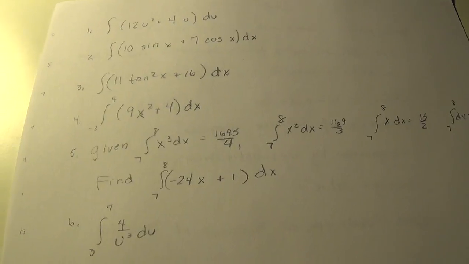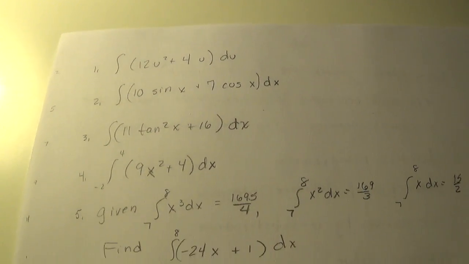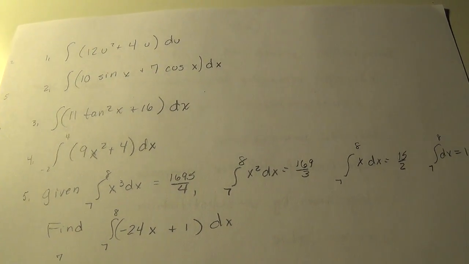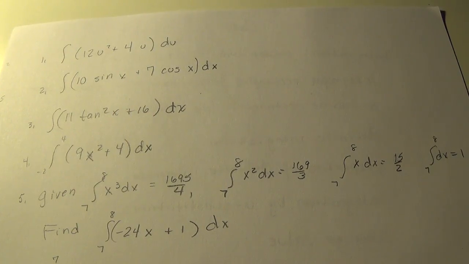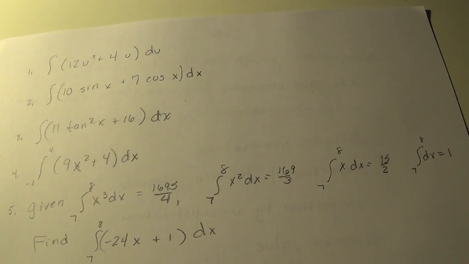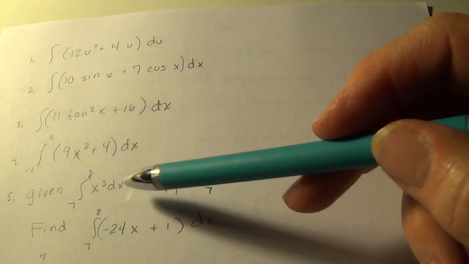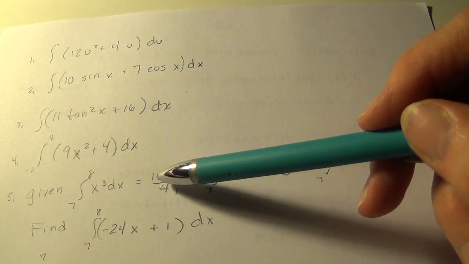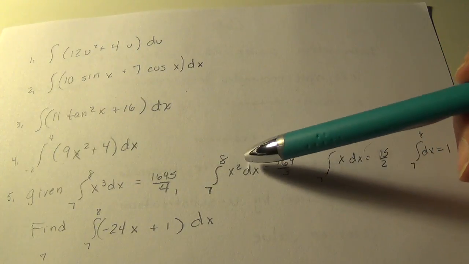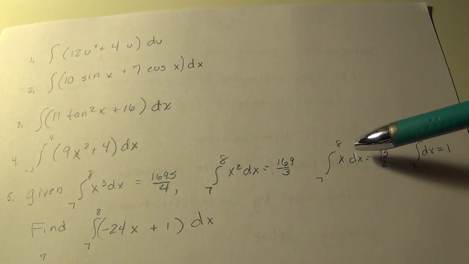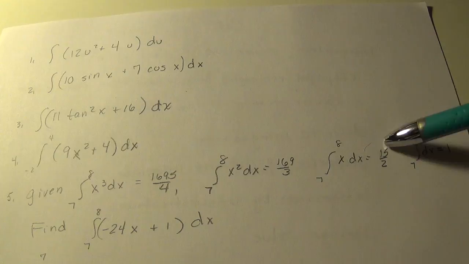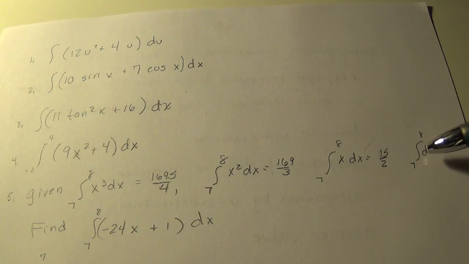Notice number 5. All these parts are given, and you're supposed to use properties of integrals to find this integral. So we know from 7 to 8 of x cubed is this number, 7 to 8 of x squared is this number, the integral from 7 to 8 of x is this number, and this integral from 7 to 8 of dx is 1.